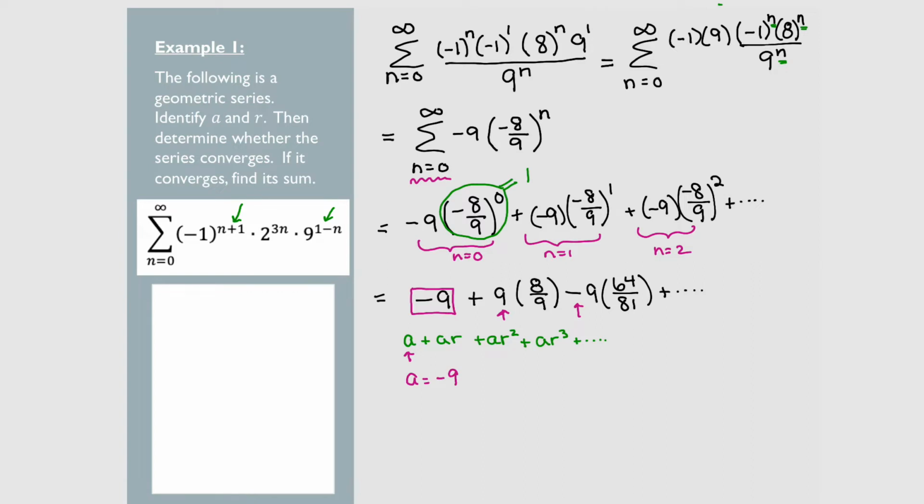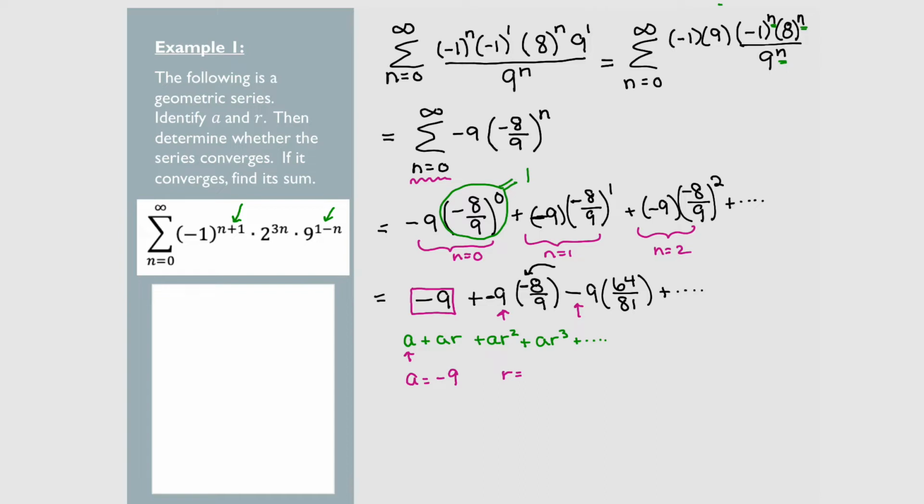Now the R value, well, it would probably have been better if I had kept the negative on the 9 and the negative on the 8 to show, first of all, that my A term each time is negative 9. But secondly, it shows me what I have to multiply by to get each term thereafter, right?